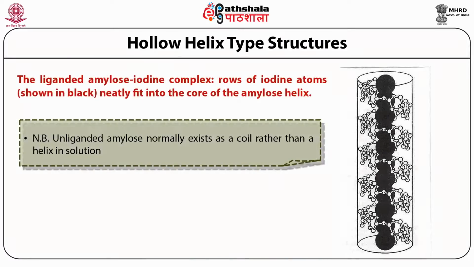In the liganded amylose iodine complex, as shown in the picture, the amylose unit is surrounded by iodine, with iodine atoms neatly fitting into the core of the amylose helix.